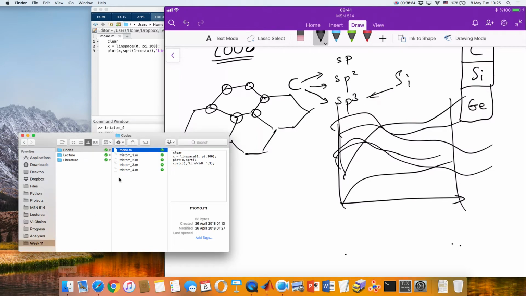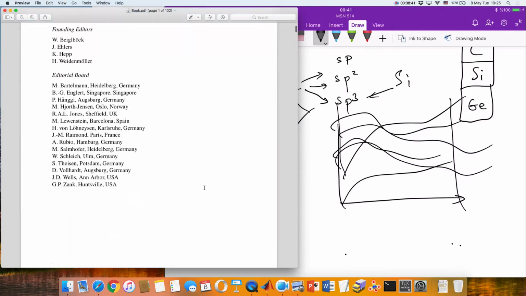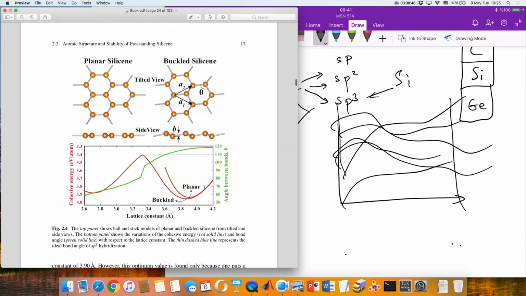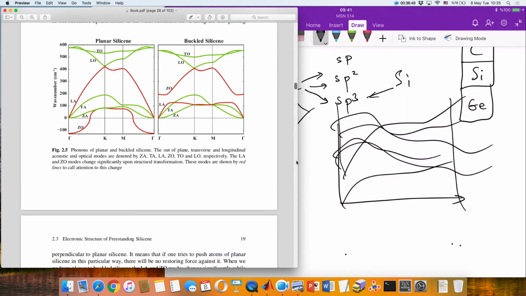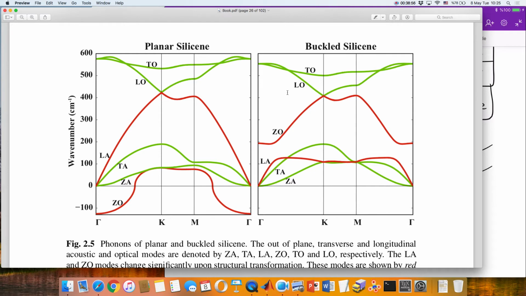So let me show you a plot from a book I wrote with my friends, of course. Yes, this is the plot. And you can see that if you calculate phonons of planar silicene, like take the carbon atoms, get them out, and replace them with silicon, and do these nice calculations, do you see the mode that goes to negative?